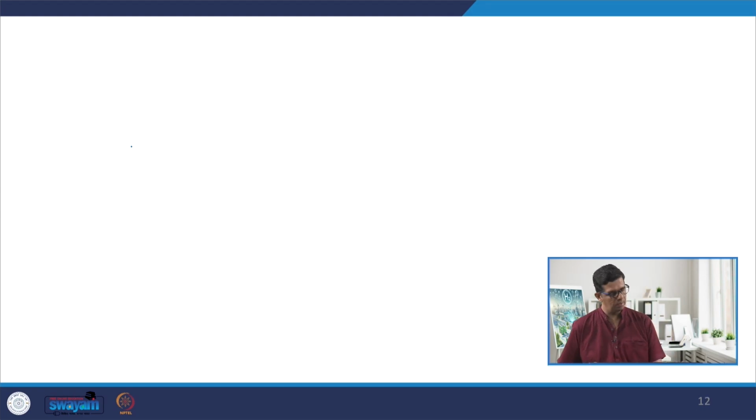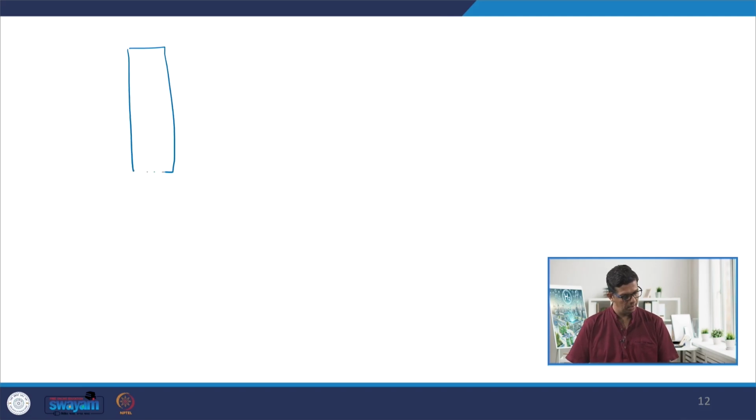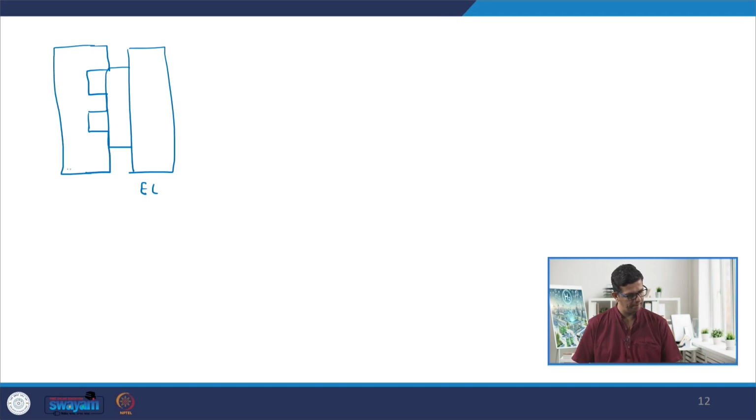So, let us understand what happens at the interface of the bipolar plate and the diffusion layer, and what happens when the gas flows through those channels. So, let us take this diagram again. This is our electrolyte, and this is the gas diffusion layer. Now, we know that we have these bipolar plate channels. This is the catalyst layer.